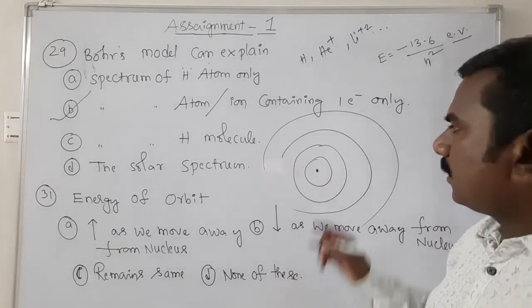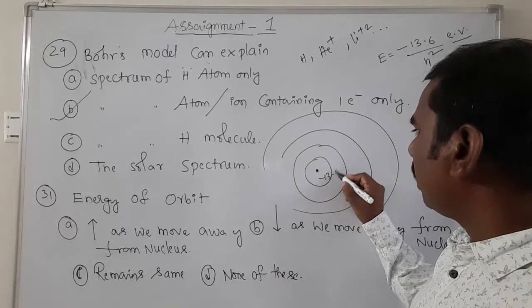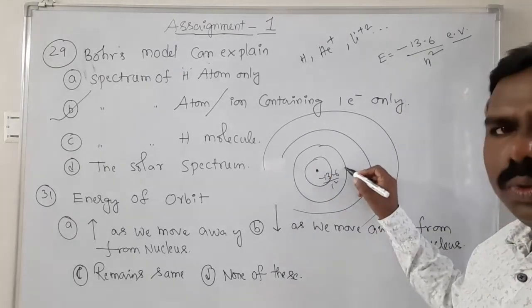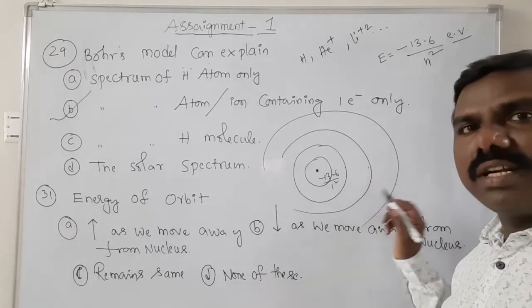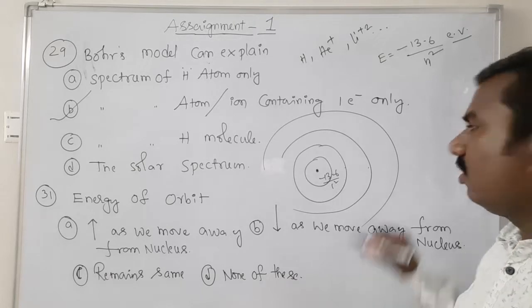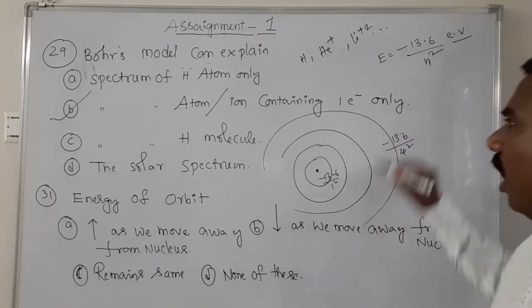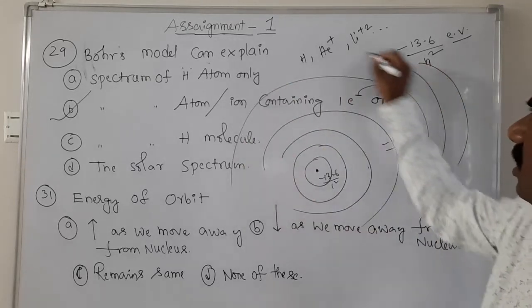Okay. So if n is equal to 1, what is the formula? Minus 13.6 by 1 square. Right? For 2, minus 13.6 by 2 square. For 3, minus 13.6 by 3 square. For 4, minus 13.6 by 4 square. Up to infinite levels are there. Many levels around the nucleus.